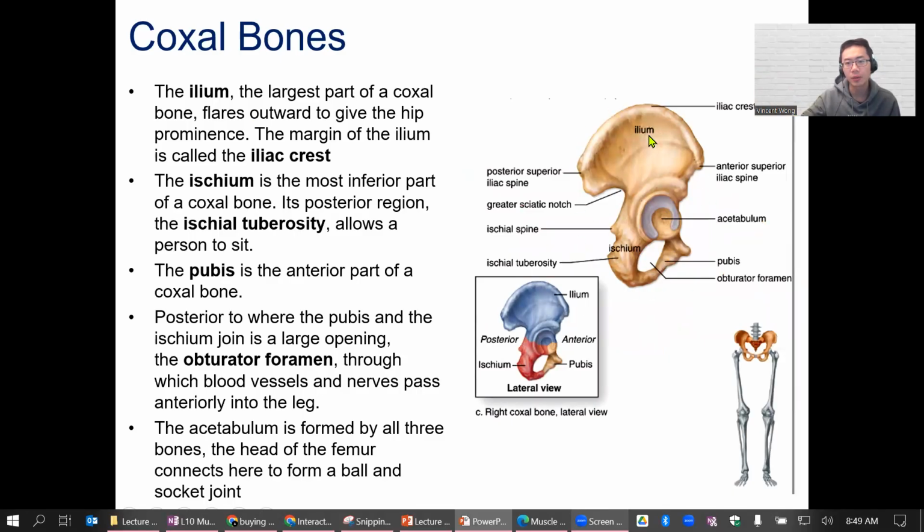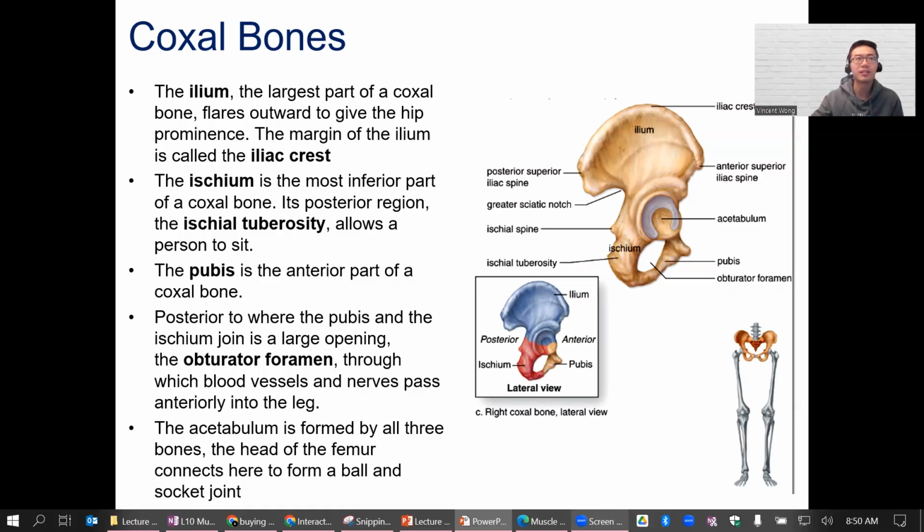And this one that we're looking at, do you guys want to tell me whether this is the left half or the right half? And please tell me how you can tell. Left. How do you know it's the left one? The socket is exposed on the left side. Okay, how about here? Let's take a look at the ischium and the pubis and the socket, right? Which way is the ischium?